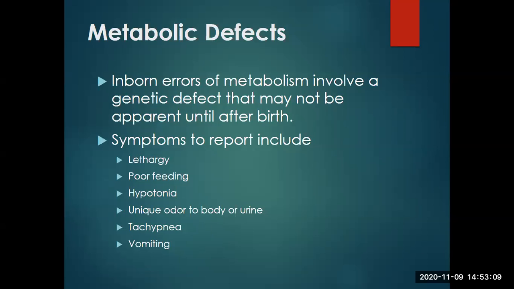So PKU, we talked about that before. The classic phenylketonuria is a genetic disorder, and it's caused by the faulty metabolism of phenylalanine, an amino acid that's essential to life, and it's found in all your protein foods.